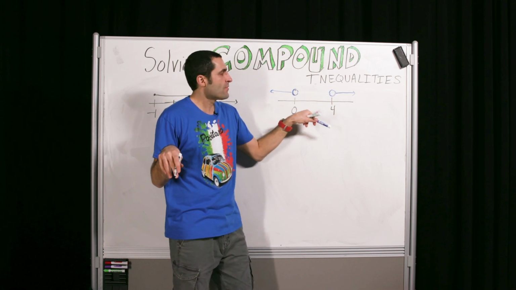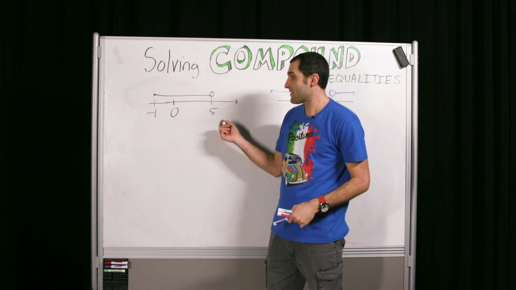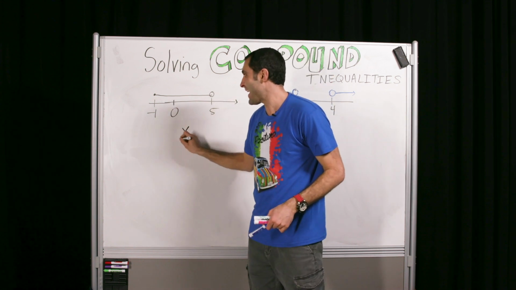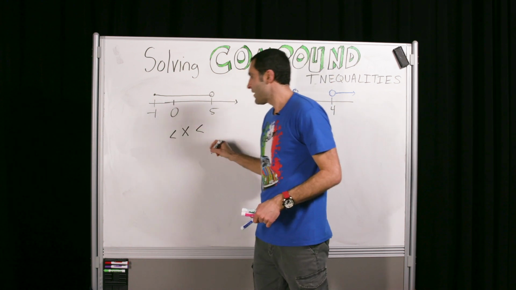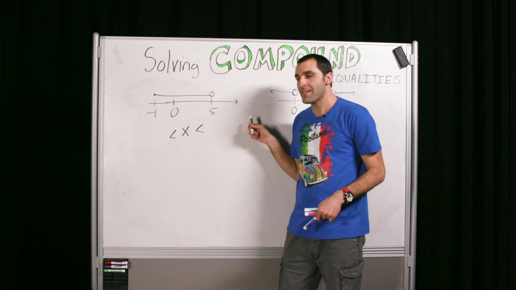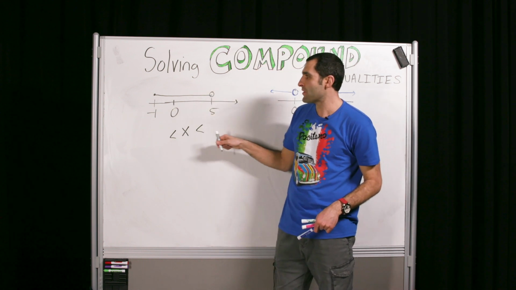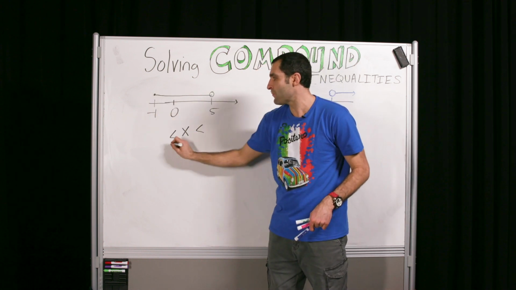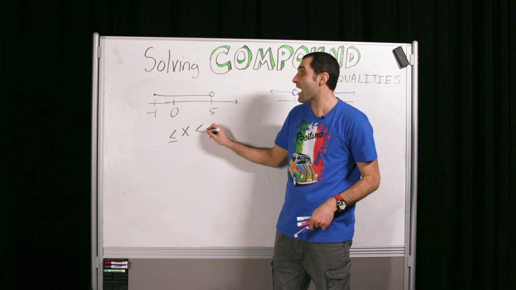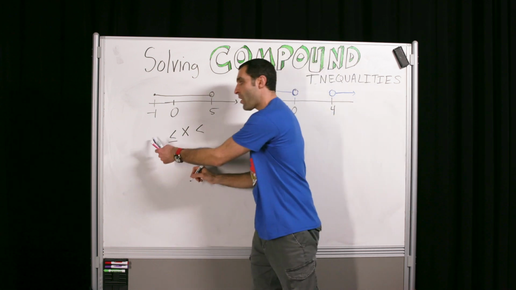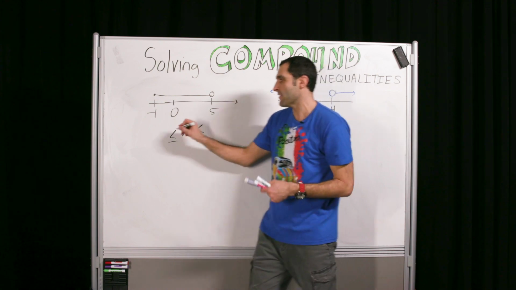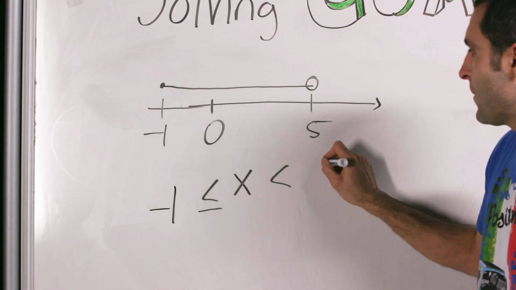So I'm feeling like this is an "or" and this is an "and." Since it's an "and," we can do the sandwich. Boom. This is pretty much the format for the sandwich in which we're greater than or equal to the bottom one and less than 5. Go small to big in this case. So we put -1 here, we put 5.